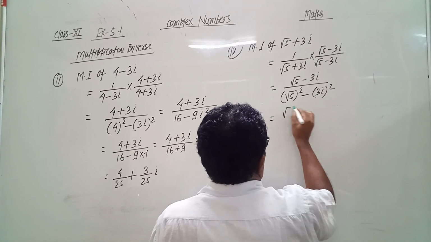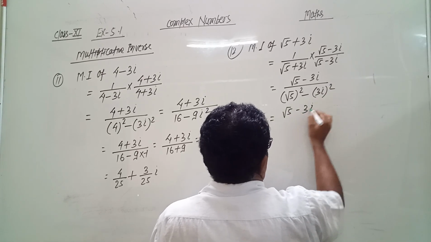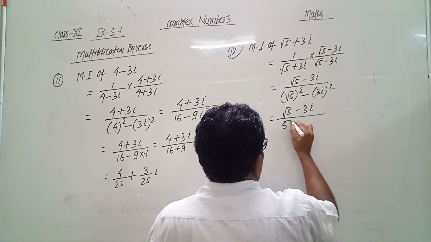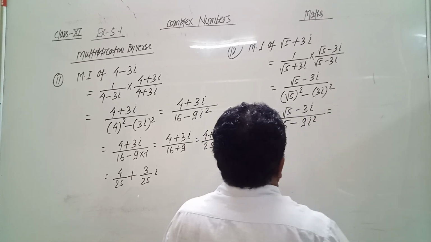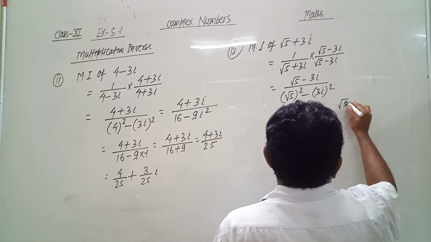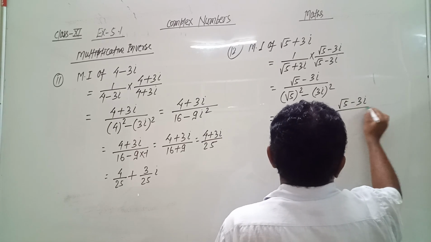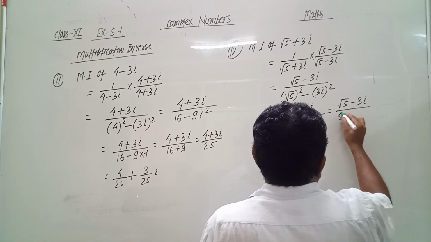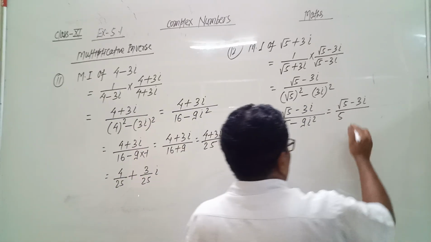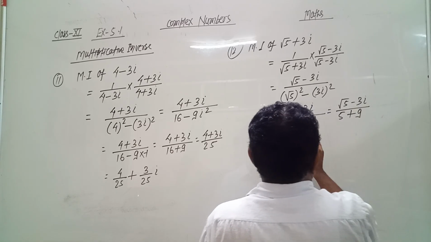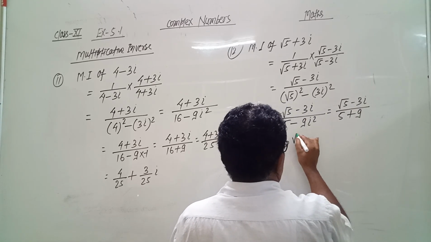So root 5 minus 3 iota upon 5 minus 9 iota square. Iota square is minus 1, minus minus plus, so 5 plus 9, and 5 plus 9 is 14.